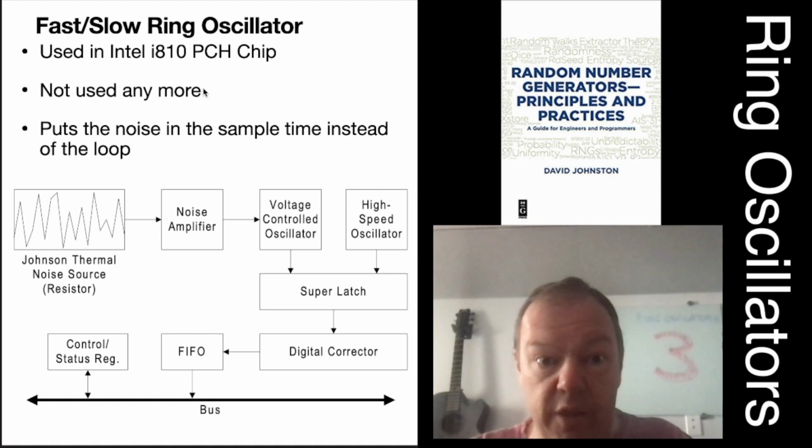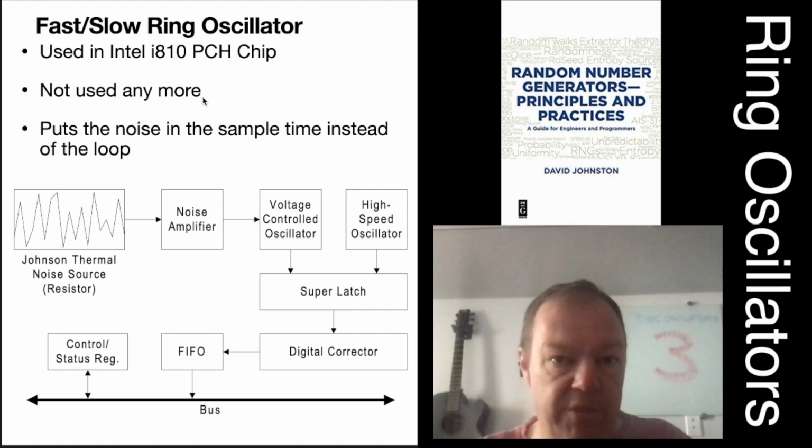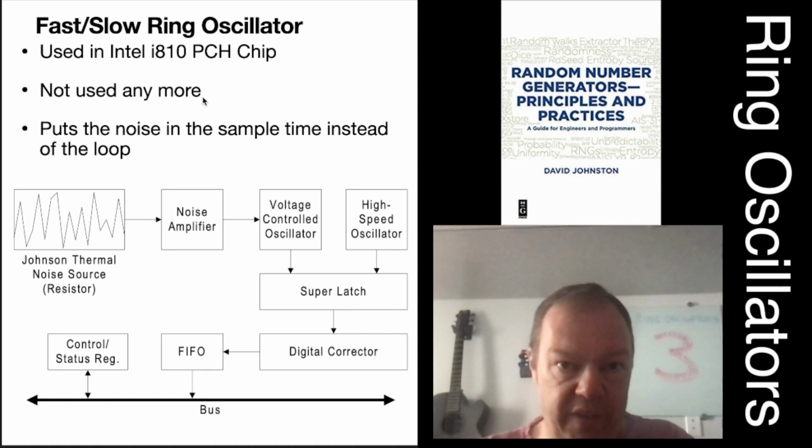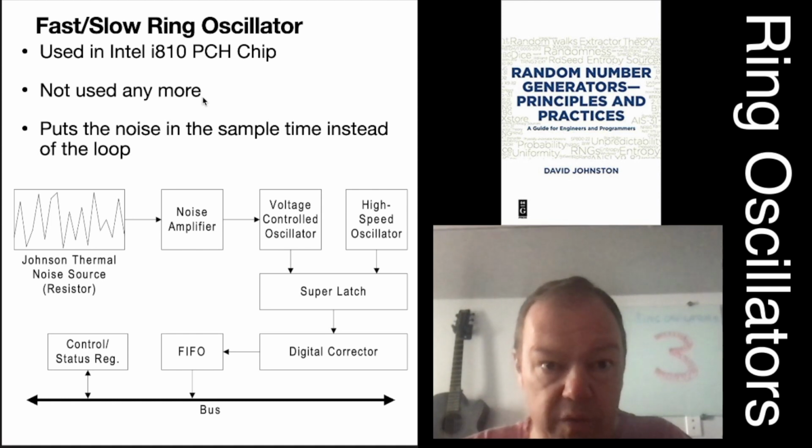Why not? Well, because as we'll see, it requires some analog behaviors, a voltage-controlled oscillator, for instance, and it became harder and harder to build those well as the feature size of the silicon got smaller and smaller.